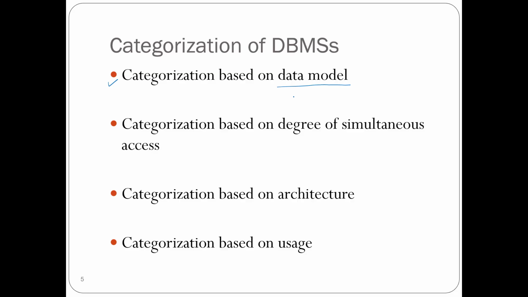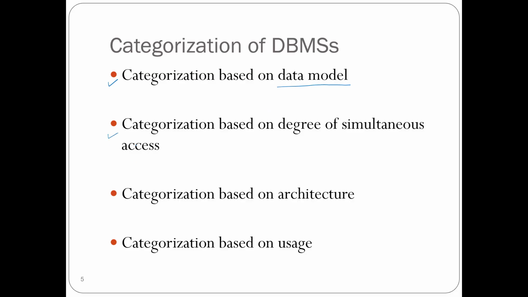There are NoSQL databases. There are object-oriented databases. So this is how we can categorize them based on the data model, whether it is relational, NoSQL, hierarchical, network-based, or object-oriented. These are all examples of data model.